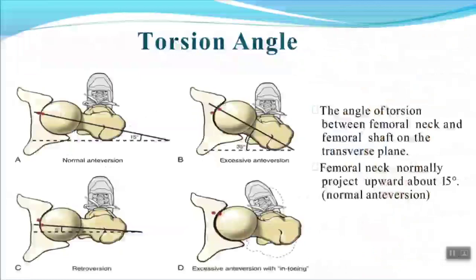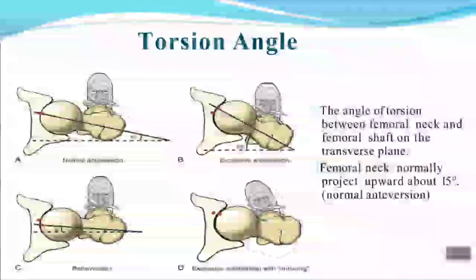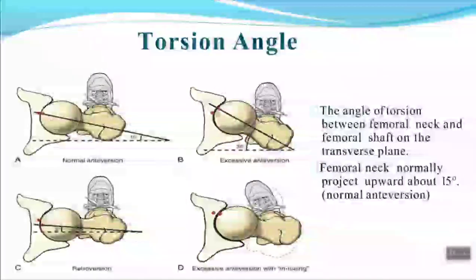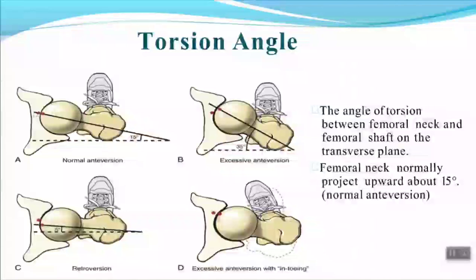Another angle here is the angle of torsion. It means that the long axis passing through the head and neck makes an angle with the lower end axis passing through the condyles of the femur, usually making a normal anteversion of around 15 degrees.